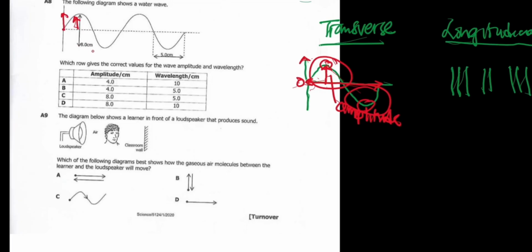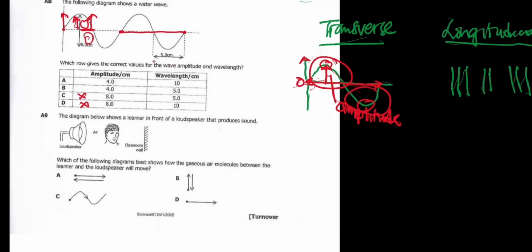Since this 8 centimeters is including the two displacements on both sides, then half of that is what we call the amplitude, because it is just from this position, which is half of 8, to the maximum point there. So the amplitude should actually be 4 centimeters. So we can eliminate answer choice C and D. Now for the wavelength, notice that the wavelength should be from this point to that point.